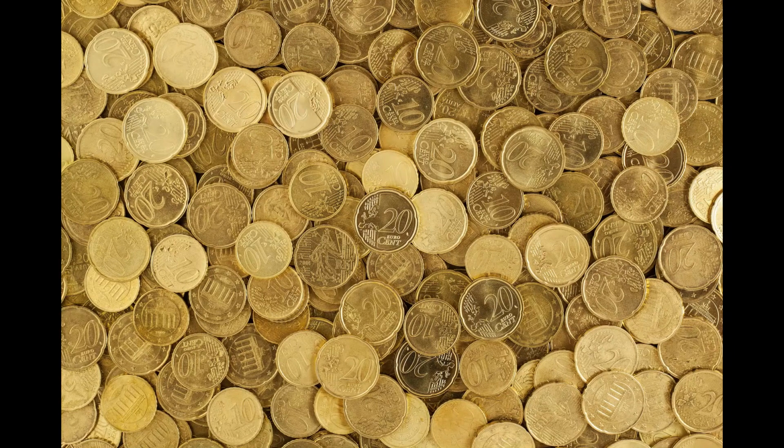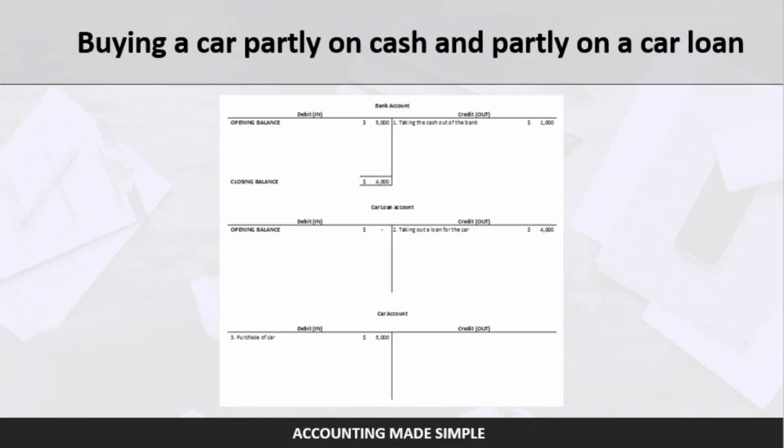Number 1. First, what is happening on the money side of the transaction? Number 2, record the $1,000 of cash in the credit or the out side of the bank account. Number 3, then record the other money entry. Although you do not have to pay the car loan off immediately, you are still committed to paying it off over time.